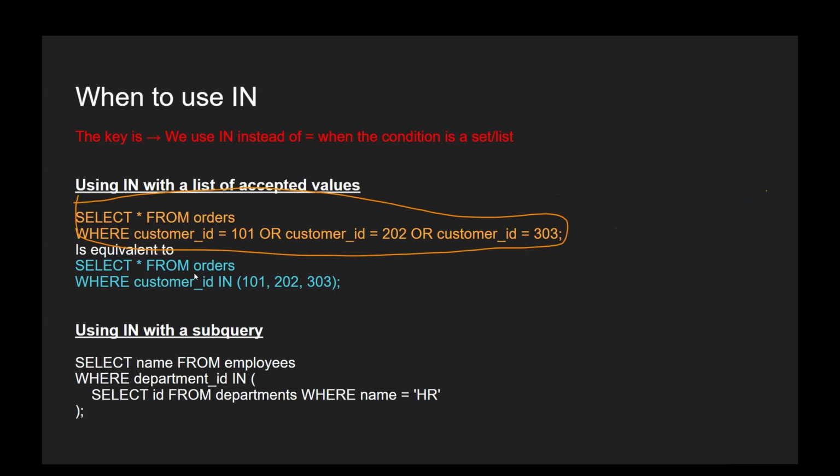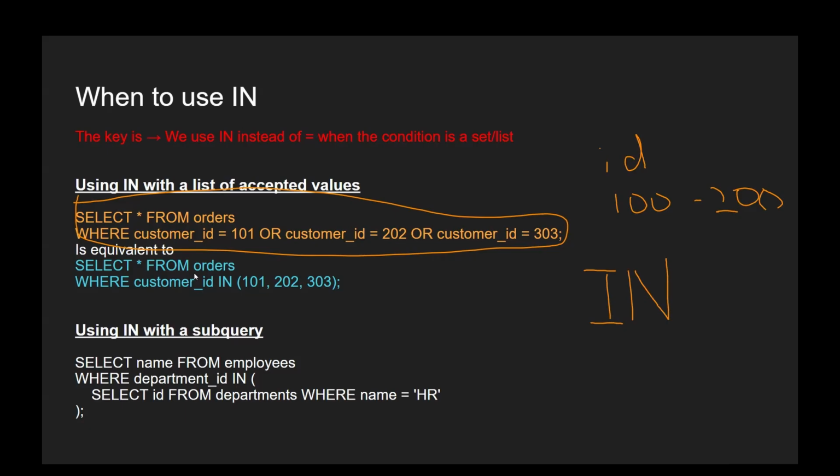But what if you want to accept all the IDs? Let's say I want the customer ID starting from 100 to 200. It's impossible for us to write everything, right? So to simplify our life, we can use this keyword we call in.